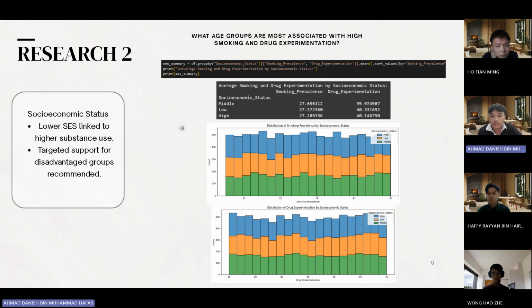For the mean of each group, it calculates the average smoking prevalence and drug experimentation. After calculating the means, the result is sorted by smoking prevalence in descending order, from highest to lowest. Then the result is printed and displayed as a table of averages. That's all.